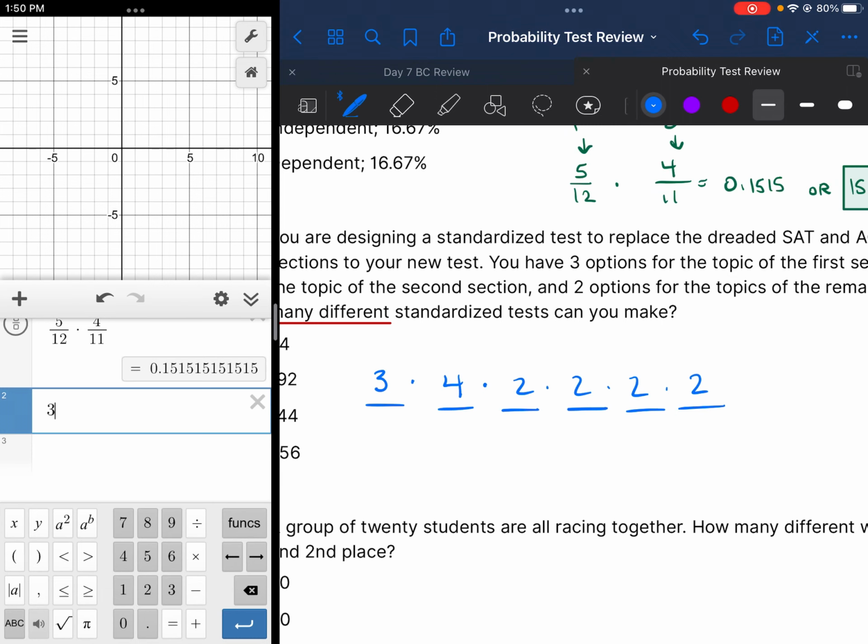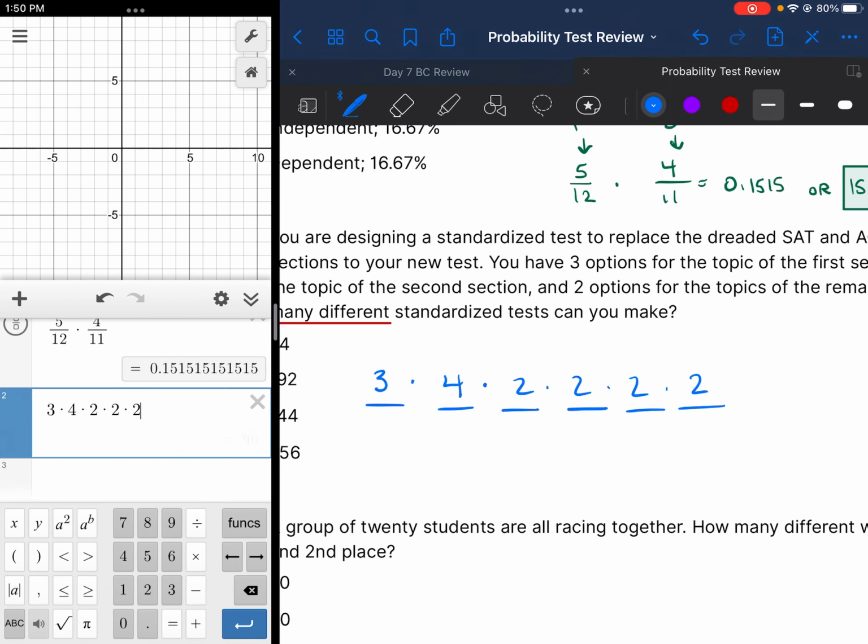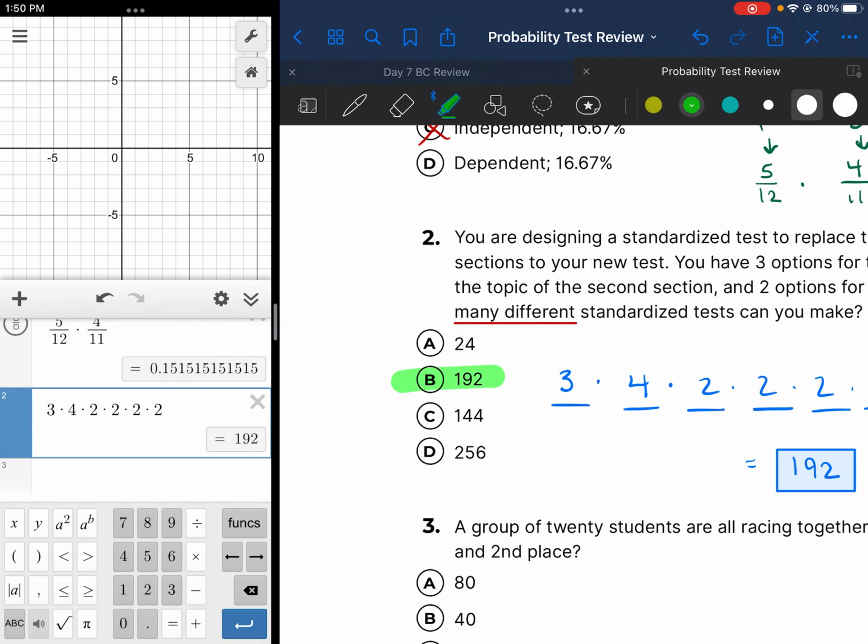And that's going to be 3 times 4 times 2 times 2 times 2 times 2, which is 192. And there's our answer choice B.